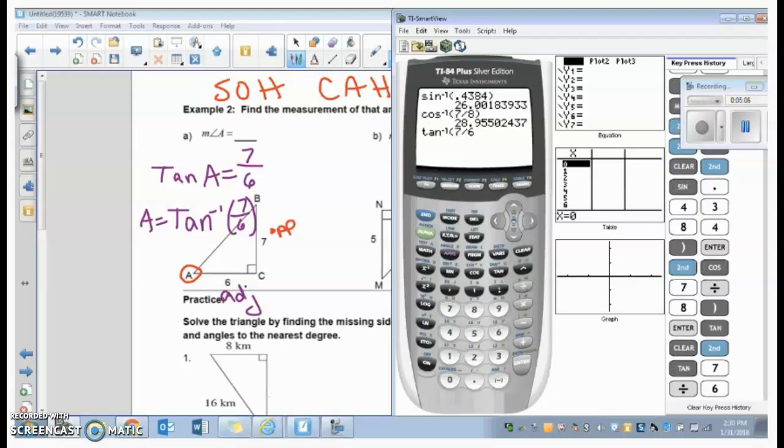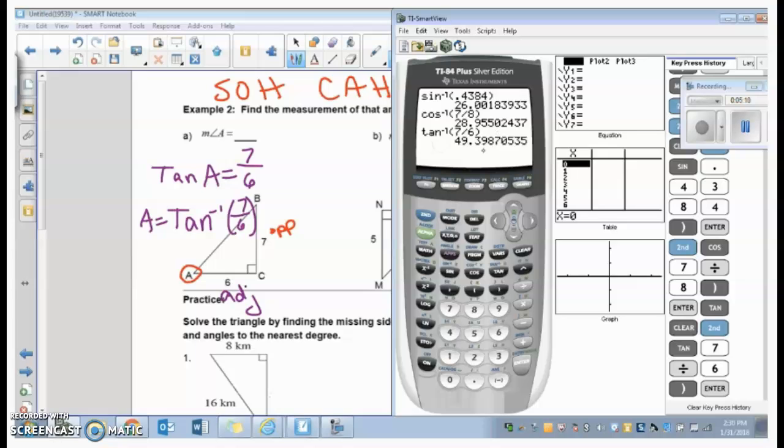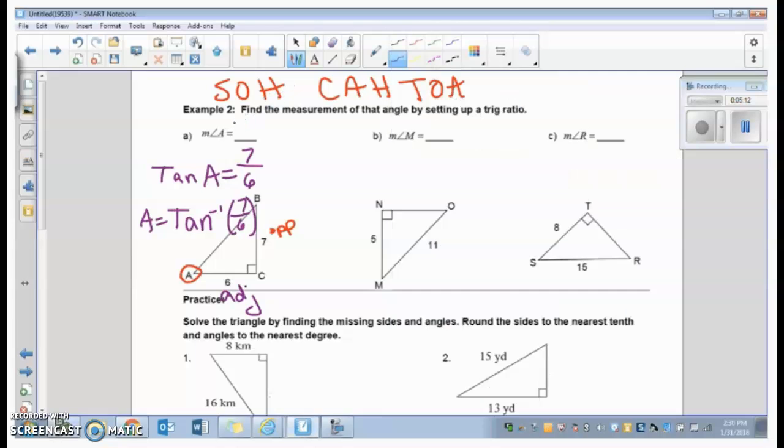Don't forget to close our parentheses, and that gives us 49.4 degrees. Pretty cool. It's not that hard. I think it's really not any harder than regular trig. So 49.4, we'll label that.